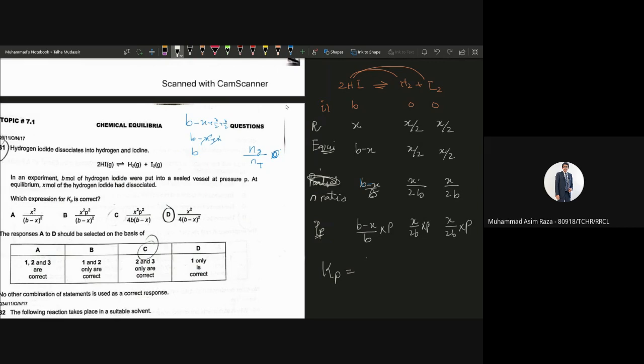Now we have to find out: partial pressure of H2 is x over 2b into P, and partial pressure of I2 is x over 2b into P, divided by partial pressure of HI, which is b minus x over b into P, whole squared.